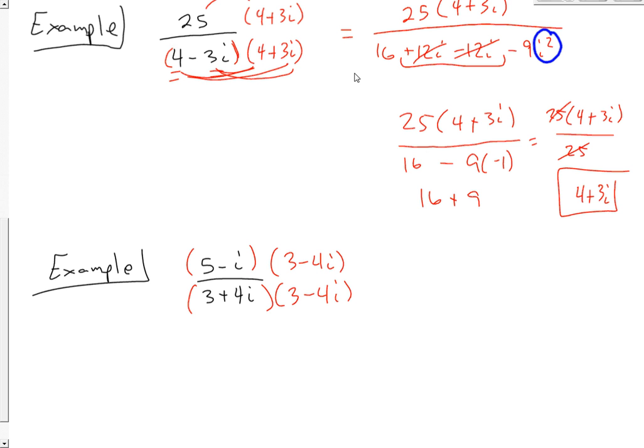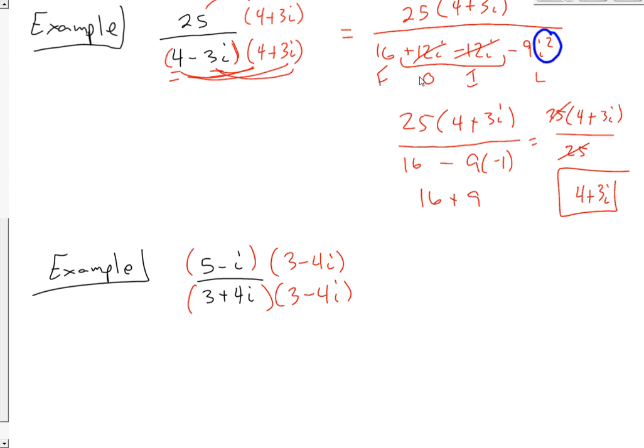So really, the 16 came from the F part of FOIL. This positive 12i came from the O part. The negative 12i came from the I part of FOIL, and the minus 9i squared came from the L.